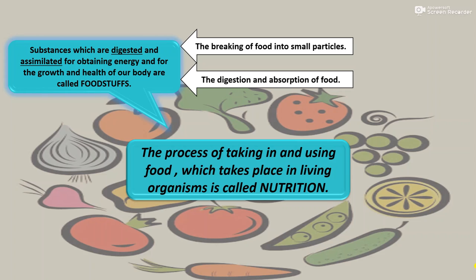The process by which all living organisms eat food, and once the food enters their body, that food is used by the body for various purposes is called nutrition. So from this we can say that foodstuffs and nutrition are related to each other.